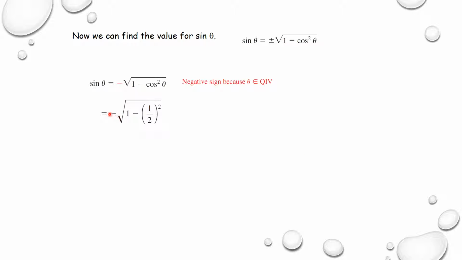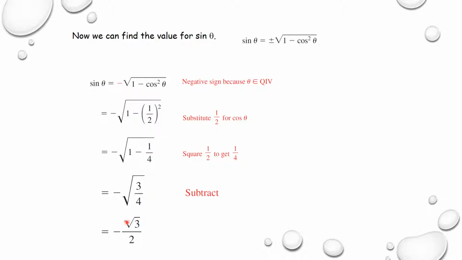Then I'm going to replace cosine with a half and start simplifying here. So a half squared is a fourth. 1 minus a fourth is 3/4. And then I want to simplify this. You don't want to leave a fraction under a radical.